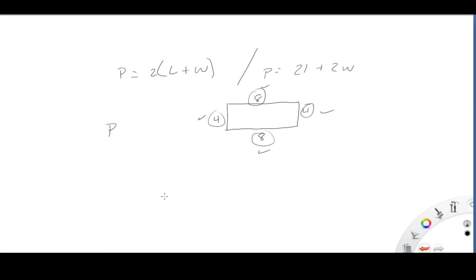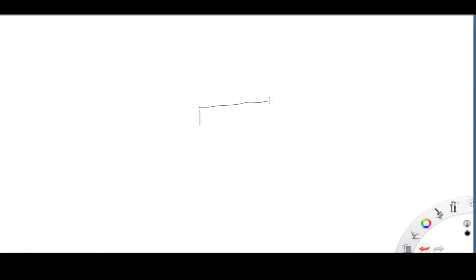It gives us unique numbers here in example 3. So we've got 2 numbers. One is a 30-inch and one is a 20-inch. Okay, so we also know that this is 20 and this is 30, but using these formulas, we can say 2 times 30 plus 20, or we could say perimeter equals 2 times 30 plus 2 times 20, because this is length and this is width.